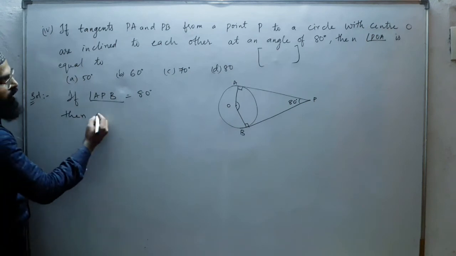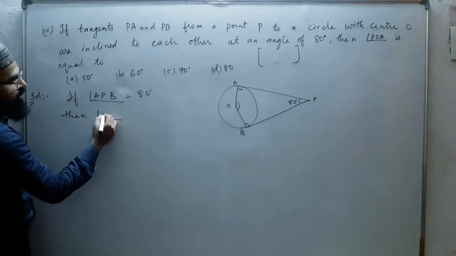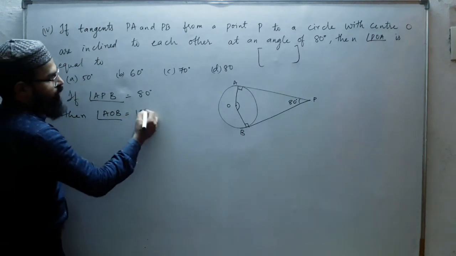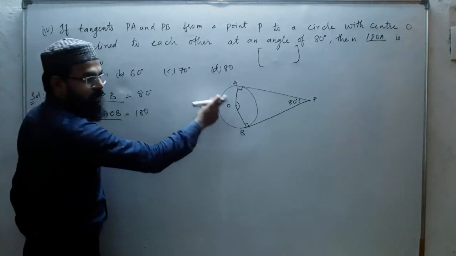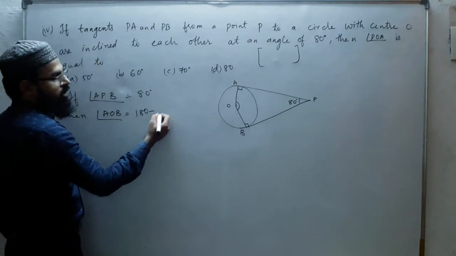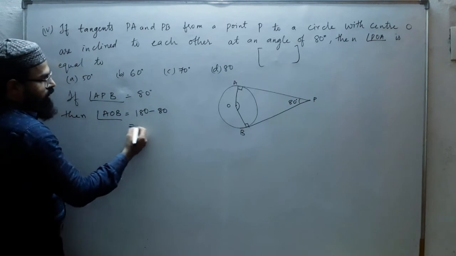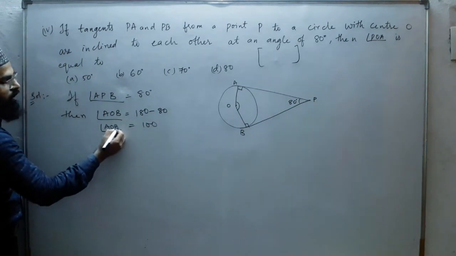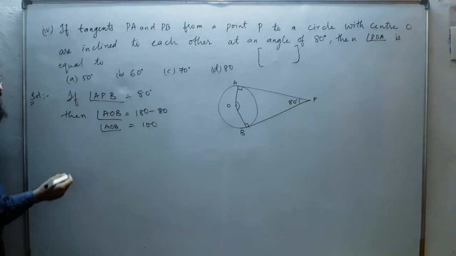From that we can get angle AOB is equals to 180 minus 80, that is 100. So angle AOB is equals to 100.